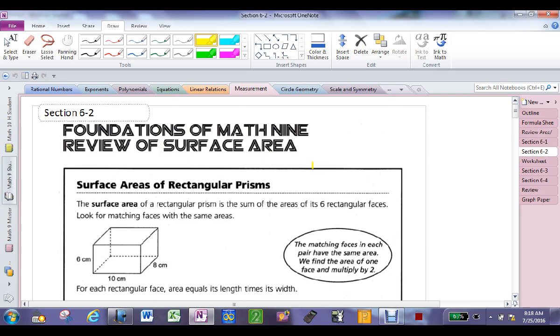Where? That wall. The outside. Everybody with me? Okay. We are concerned with the outside surface area of shapes, in Math 9 today. In the real world, what are we more likely concerned with? The inside surface area.